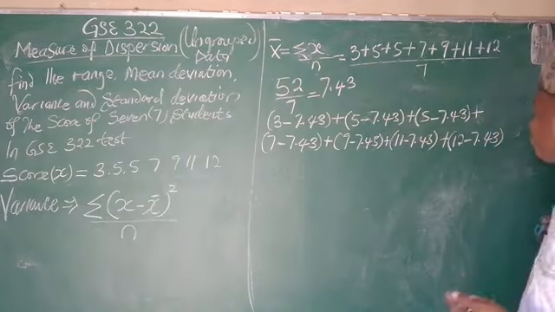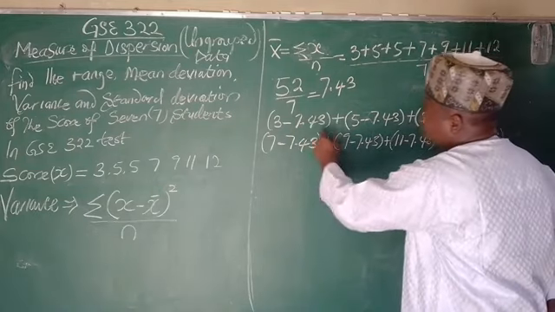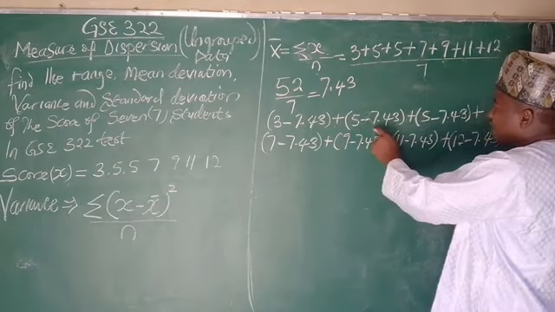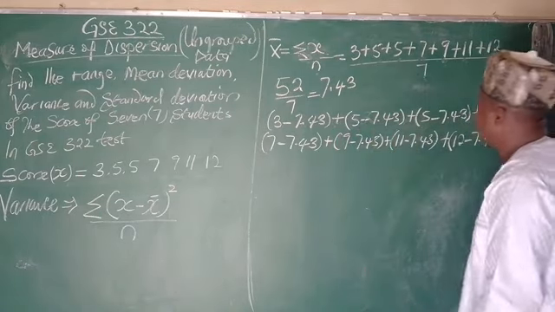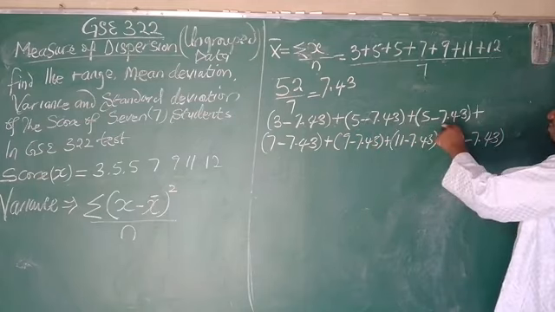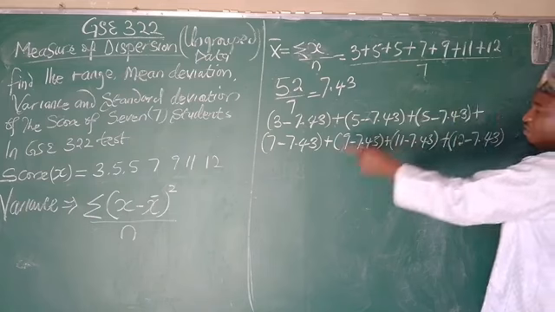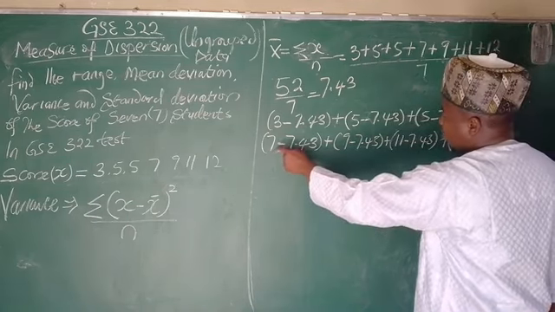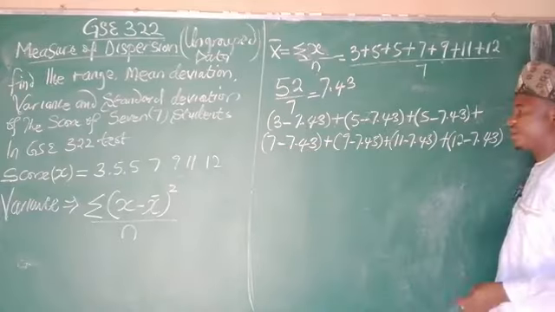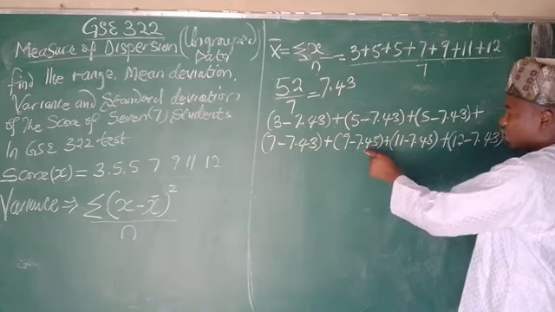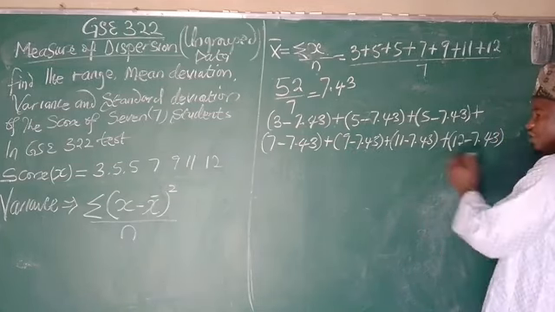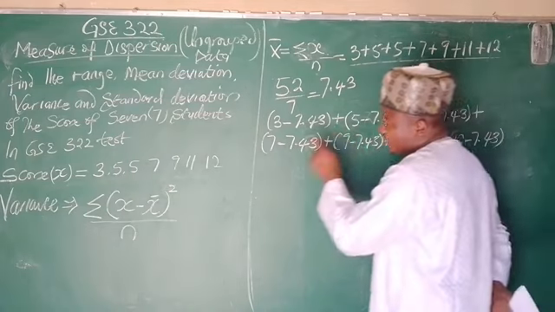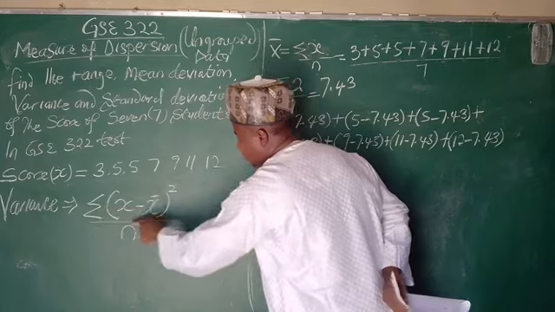So now we have 3 minus the mean, plus 5 minus the mean, plus 5 minus 7.43, plus 7 minus 7.43, plus 9 minus 7.43, up to the end. So now we are trying to translate the formula.